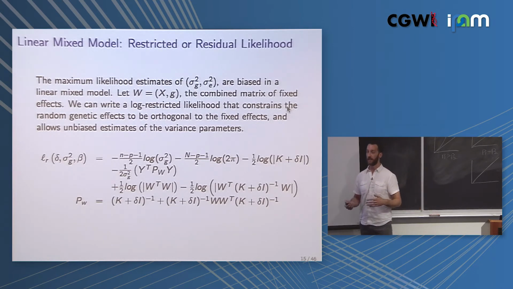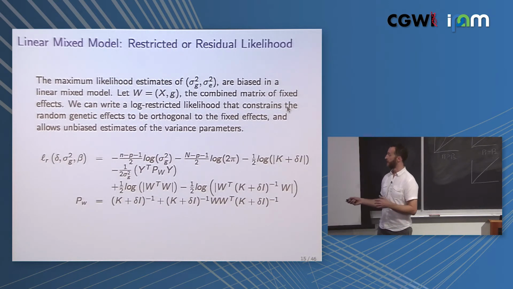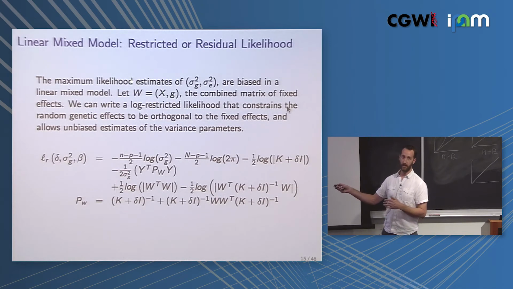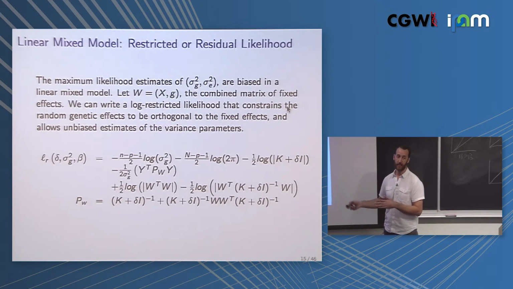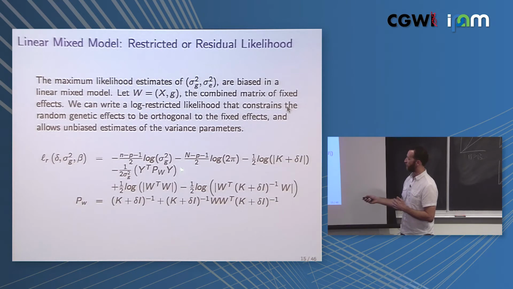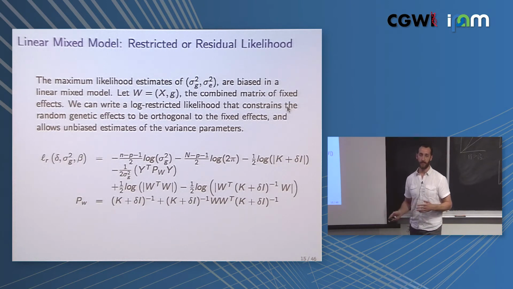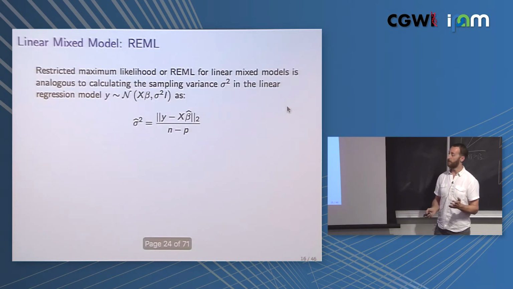There's this thing that you'll see when you start reading about linear mixed models called the restricted maximum likelihood. When we have these other fixed effects, so W now is going to be all of our fixed effects, X and G, we can write down the restricted maximum likelihood, which has the original likelihood plus some extra terms.